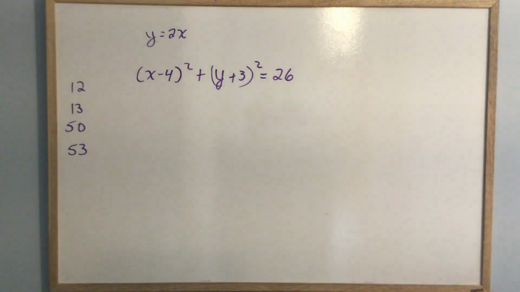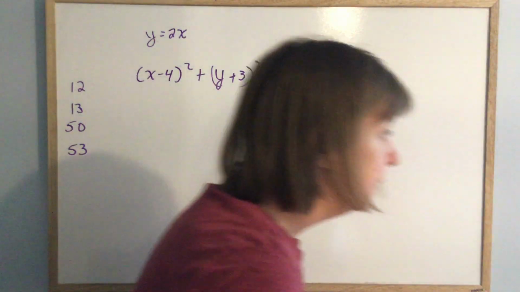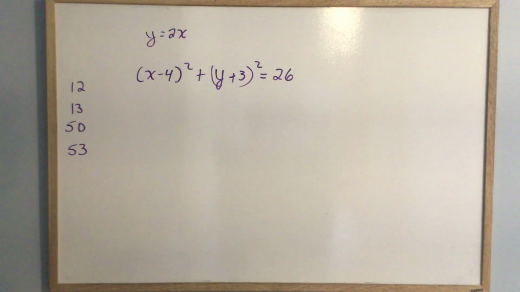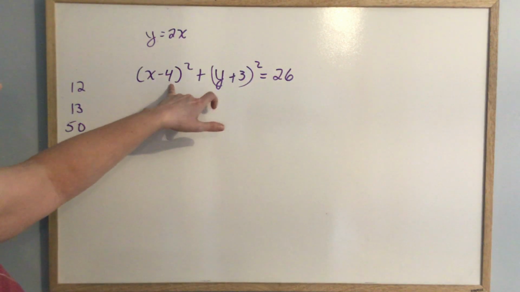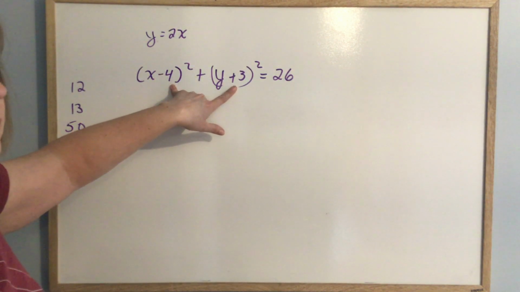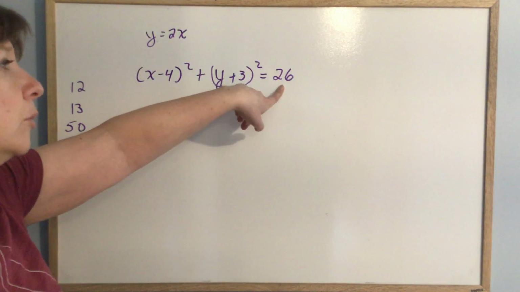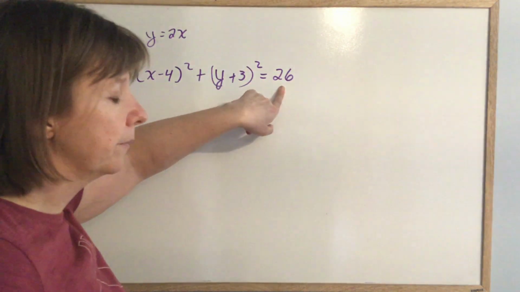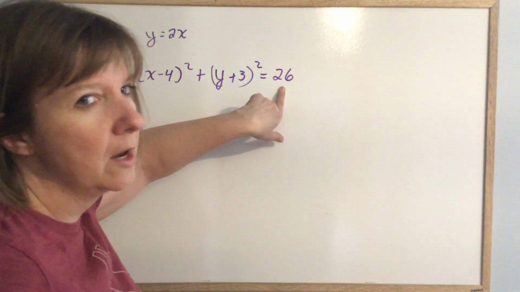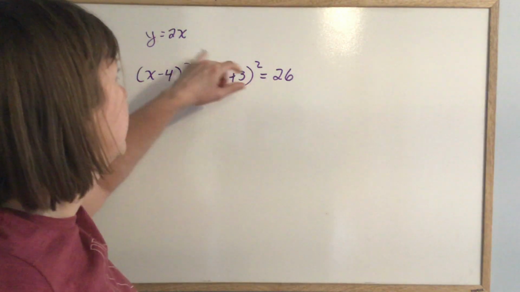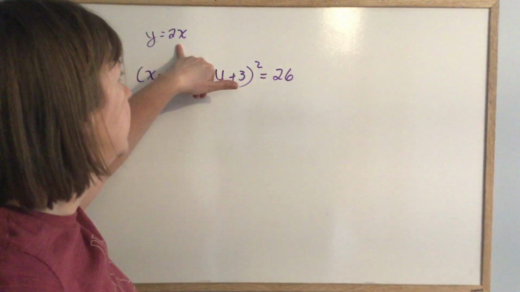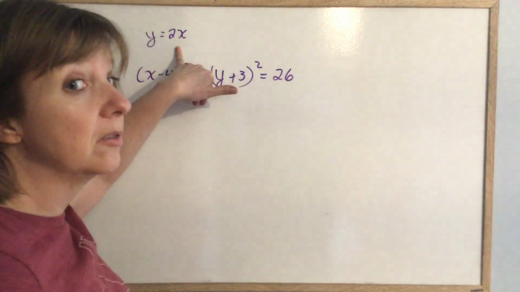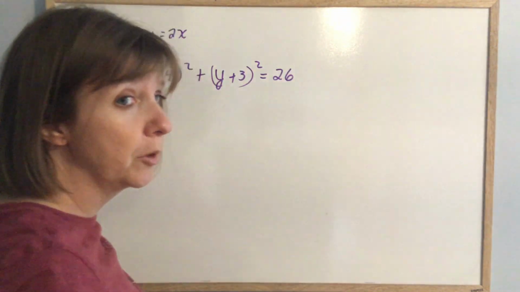All right, so same process. Again, if you want to draw it, the center of your circle would be at 4 and -3, and your radius would be like 5.1. And y is equal to 2x would be, your y-intercept is 0, your slope is up 2 and over 1.